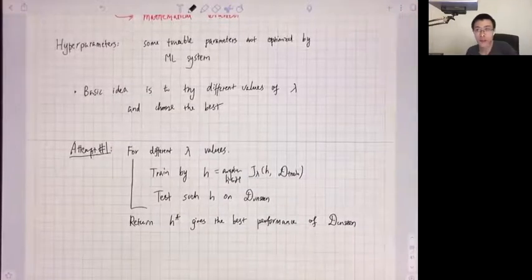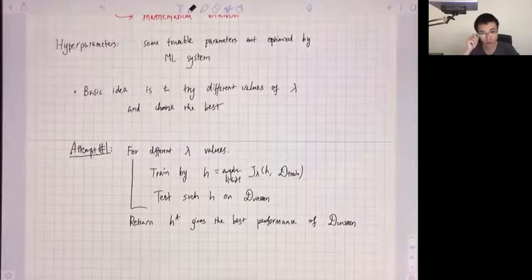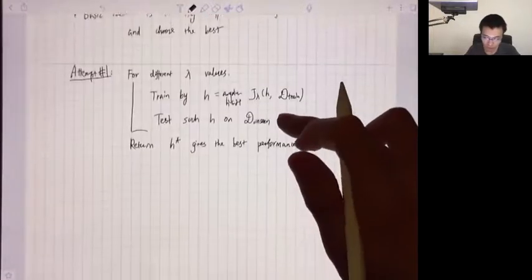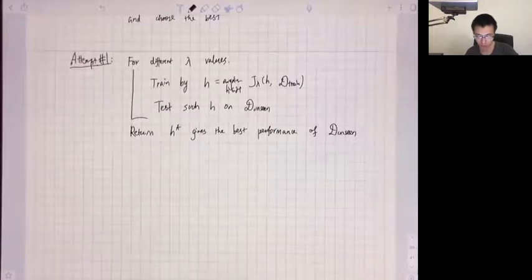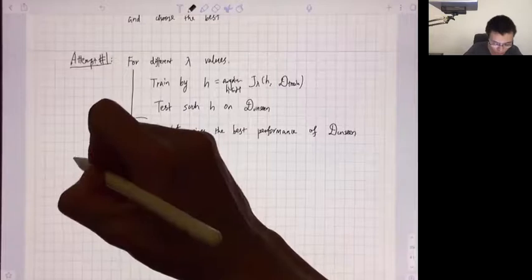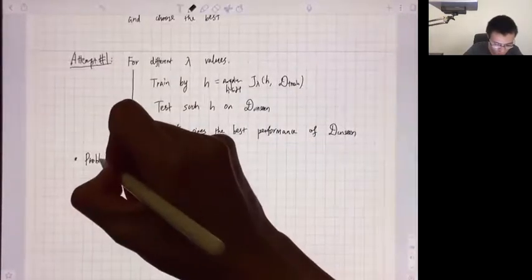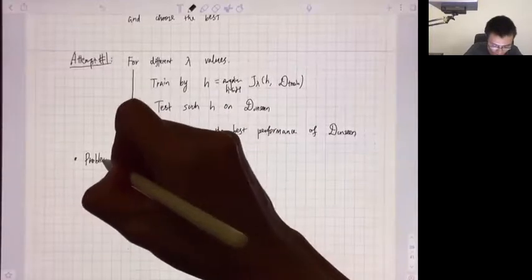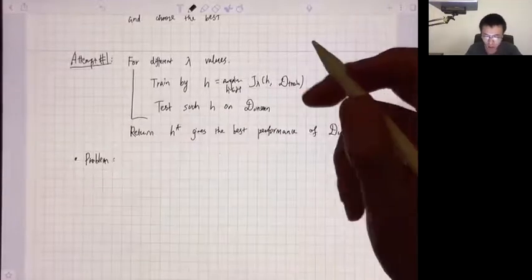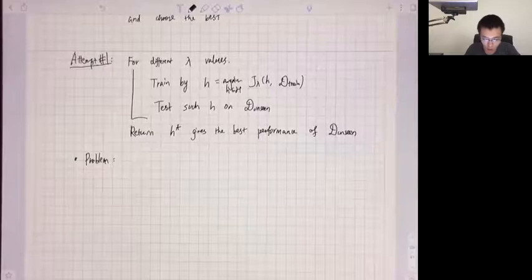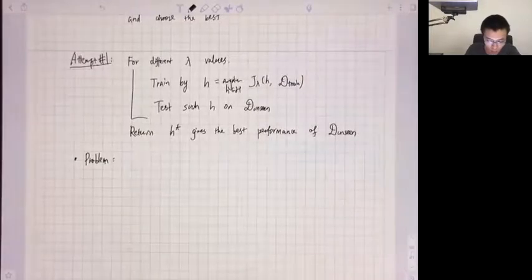Is it a good experimental protocol, or is there any obvious issue with this algorithm? So I can see some issues, problems with this attempt. I just have a random prediction.